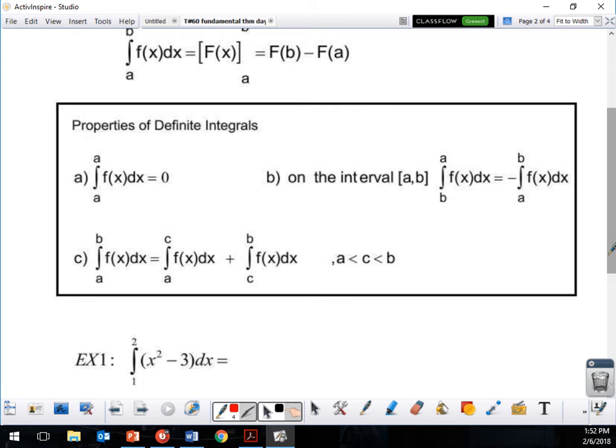Okay, I'm going to do the opposite of this. So I'm going to change my integral, because that means I'm going to end up with a negative out of this. So instead of reading it from left to right, I'm going to read it from right to left. And it means the same thing.